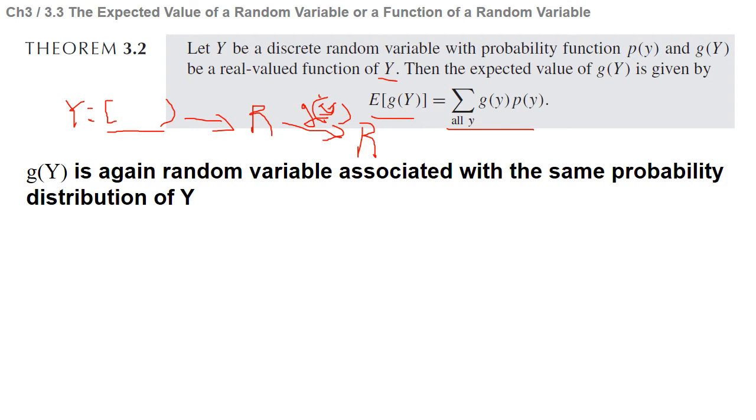So g(y) is again a random variable associated with the same probability distribution of y. You can just think of this g(y) as z. Again, this z is a new discrete random variable, and the associated probability is again p(y), and this random variable g has value g(y) for each set.